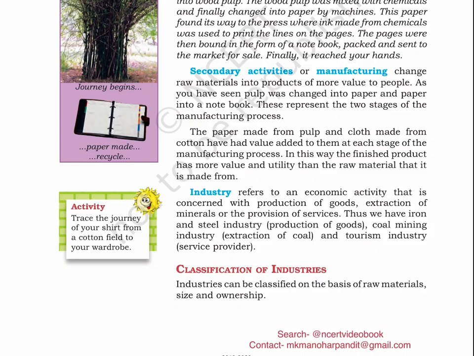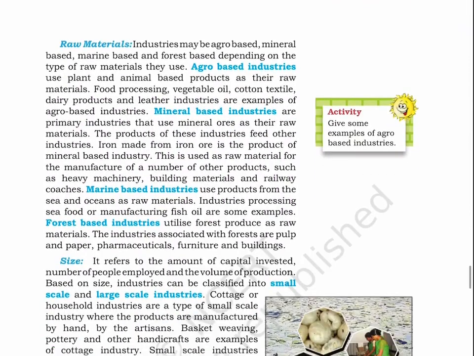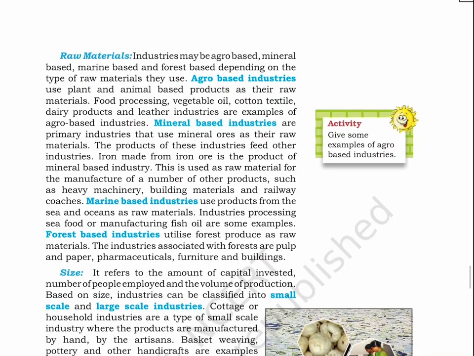Classification of industries. Industries can be classified on the basis of raw materials, size, and ownership. Raw materials. Industries may be agro-based, mineral-based, marine-based, and forest-based, depending on the type of raw materials they use.